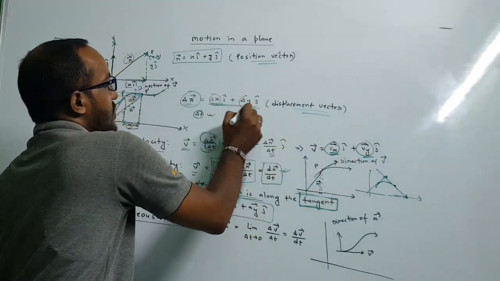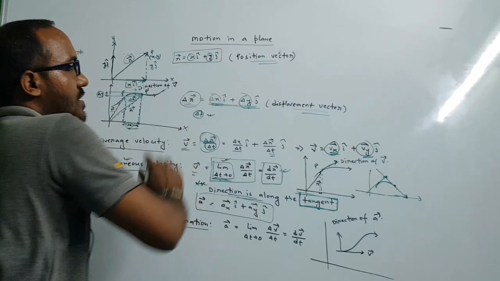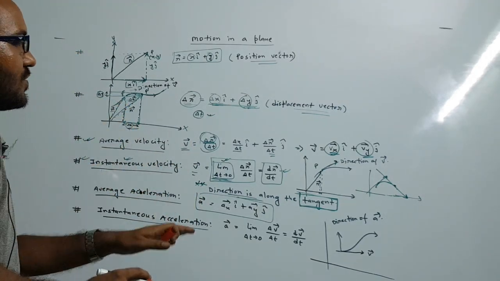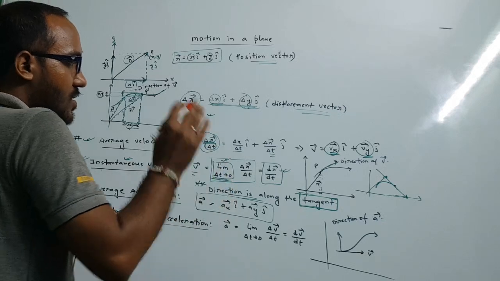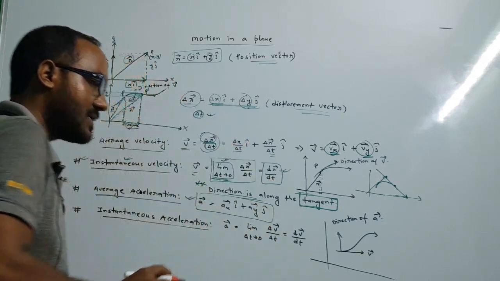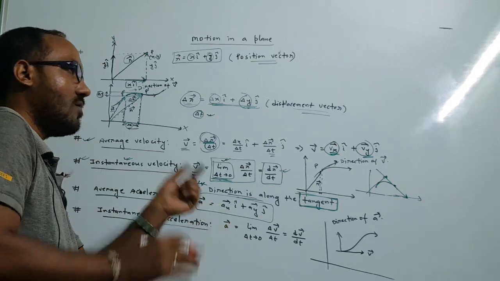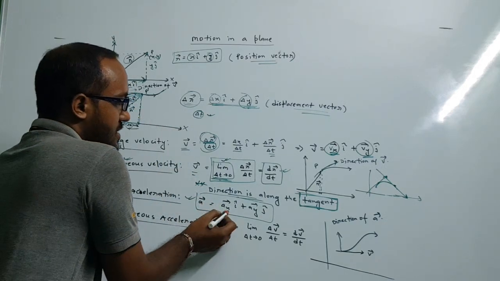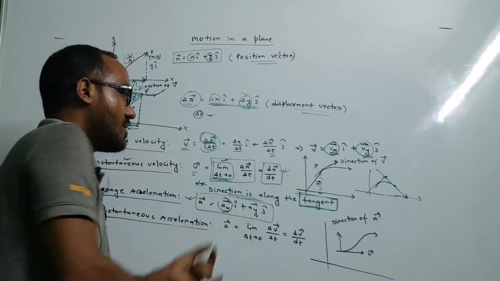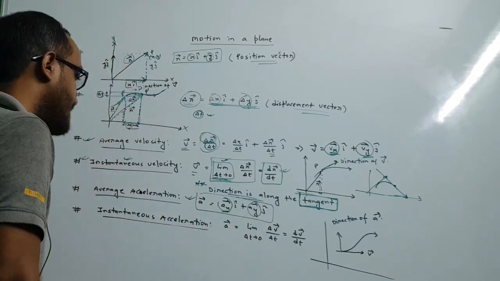In a 2D plane you will always have two components. So for acceleration you would have two components: the x component of acceleration is ax and the y component of acceleration is ay.